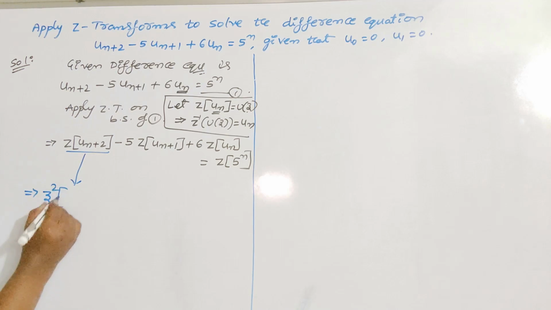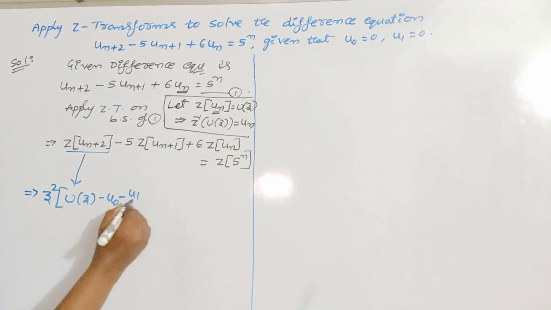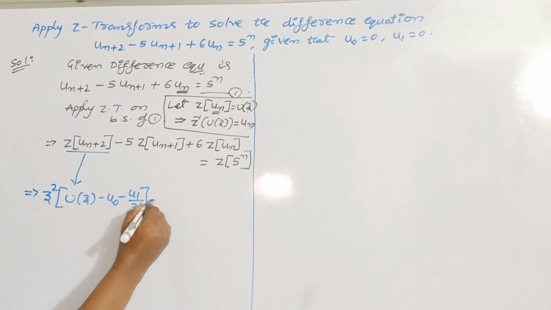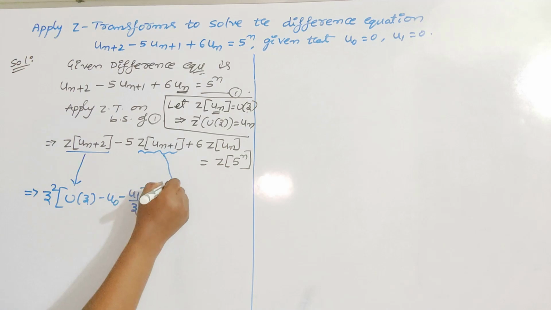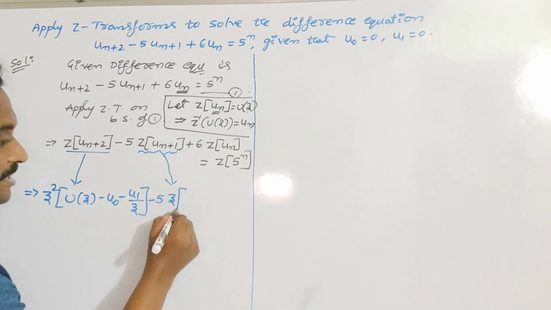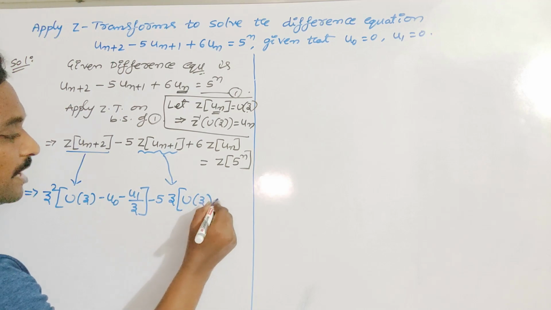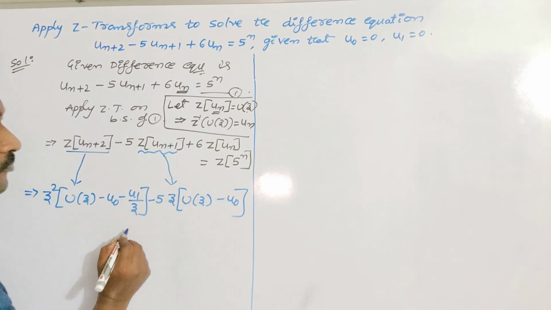It is z square into U of z minus z square u0 minus z u1, and on the right side, z by z minus 5 is there. Again, the Z transform of u(n+1), by using shifting properties, is nothing but z into U of z minus z u0. This is capital U and this is small u. Don't forget it.